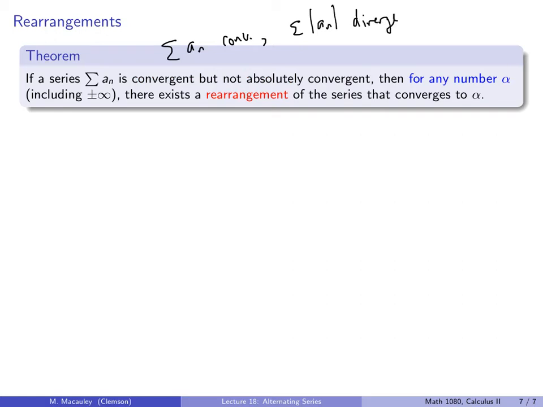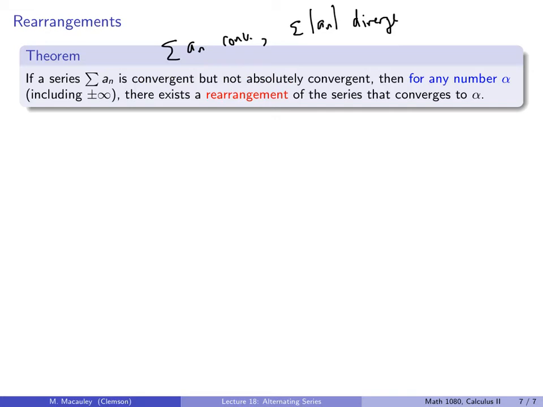Then for any number alpha, alpha can be pi, it could be 0, it could be negative 100, it could be infinity, there is a way to rearrange this series to make it converge to your favorite number. Doesn't seem like it should be true because we all know a plus b equals b plus a. Order doesn't matter. But when we're talking about infinite things, order matters.